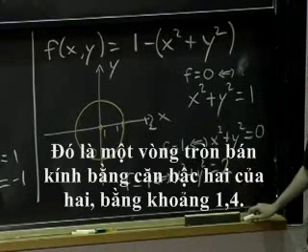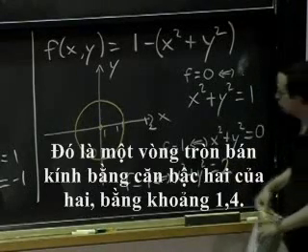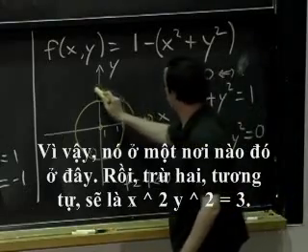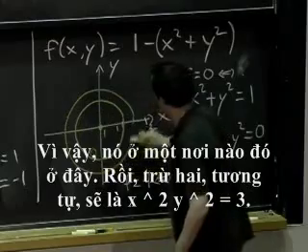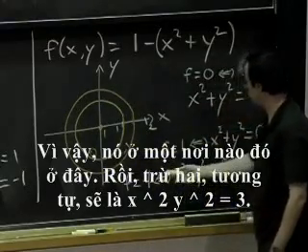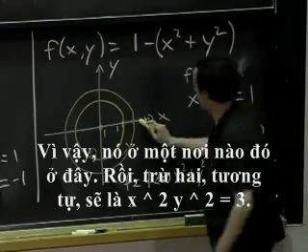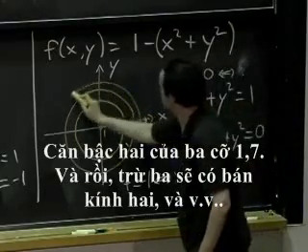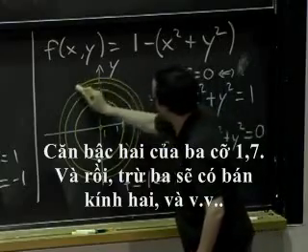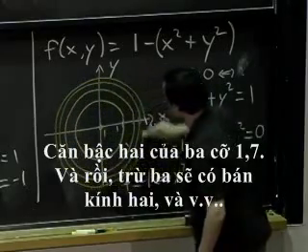That's a circle of radius square root of 2, which is about 1.4. So it's somewhere here. Then minus 2, similarly, will be x squared plus y squared equals 3. Square root of 3 is about 1.7. And then minus 3 will be of radius 2, and so on.